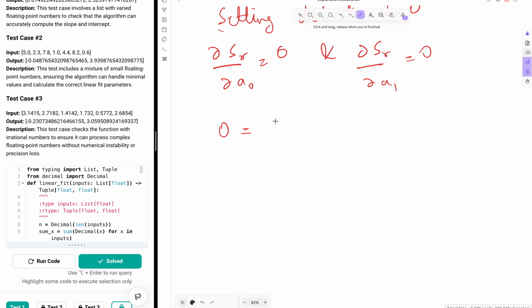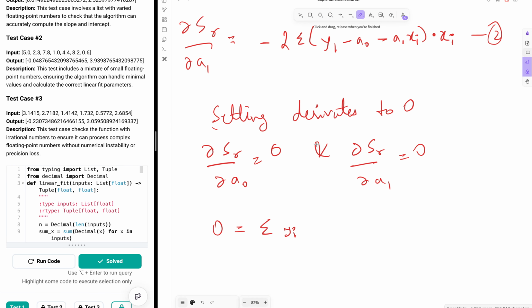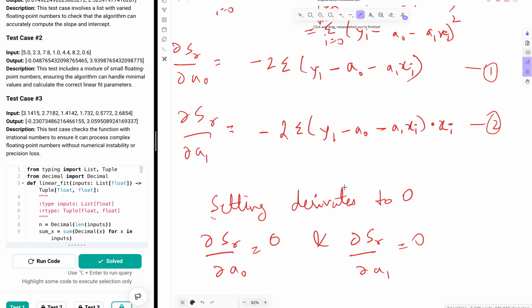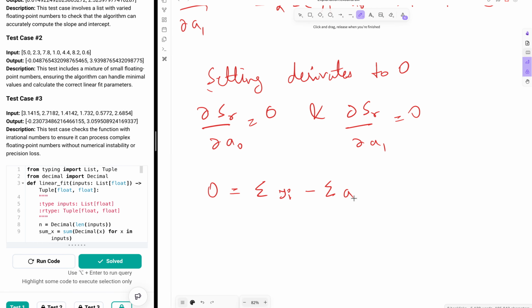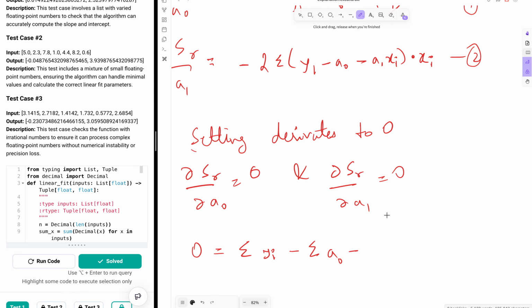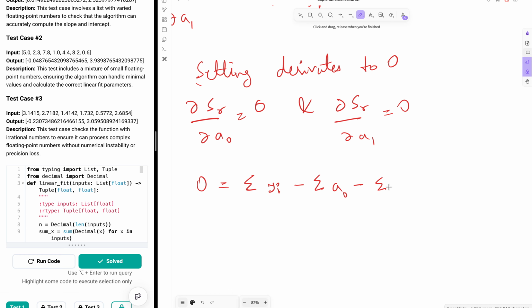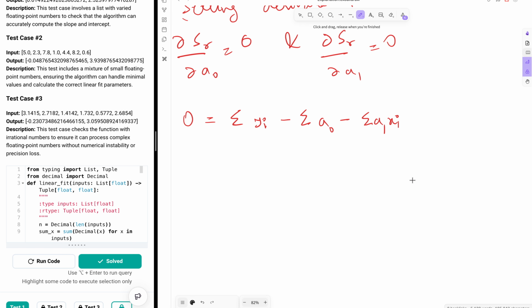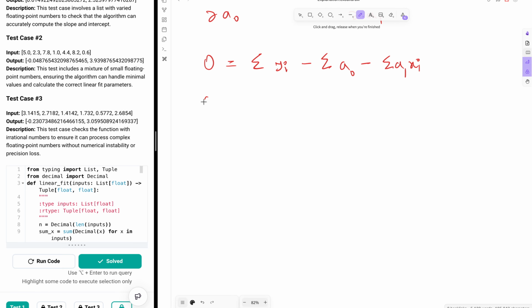The first will be summation of y_i minus summation of a_0, operating the summation operator on every variable that we have, minus summation of a_1 x_i. Since a_1 is a constant, it could be taken outside, which I will do later.